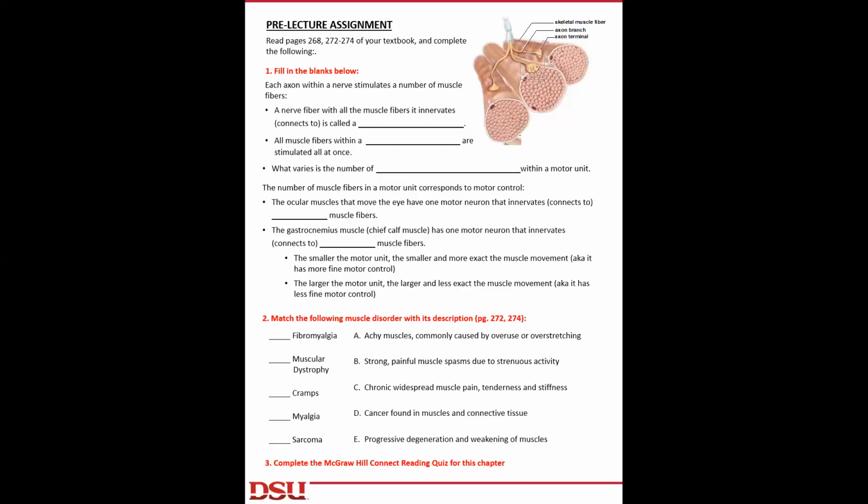All right, so let's go ahead and fill in our blanks here. A nerve fiber with all the muscle fibers it innervates, connects to or goes through, that's what innervates means, is called a motor unit.